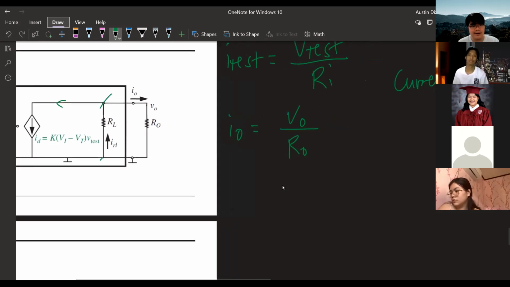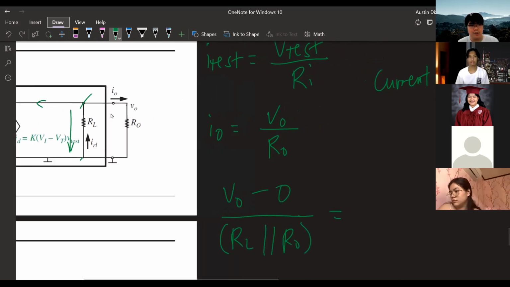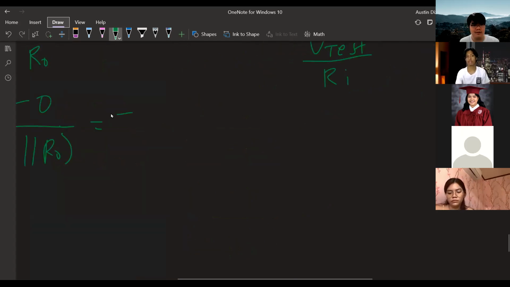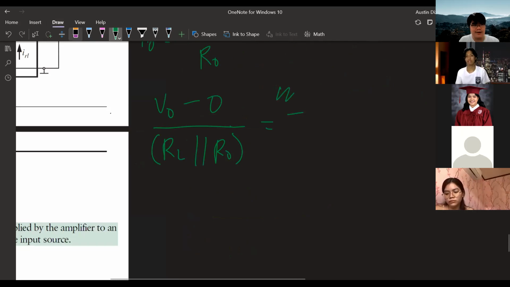Therefore, using the KCL over there, VO minus 0 over RL parallel with RO, okay, RL parallel with RO, and that must be equal to a negative... Lahat ay outward, so this is ID.